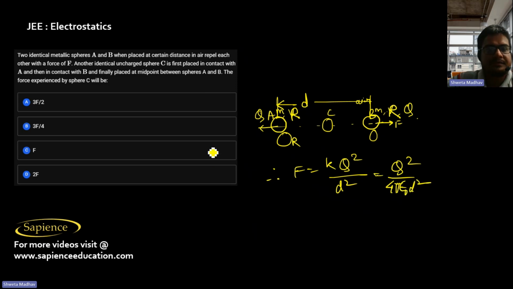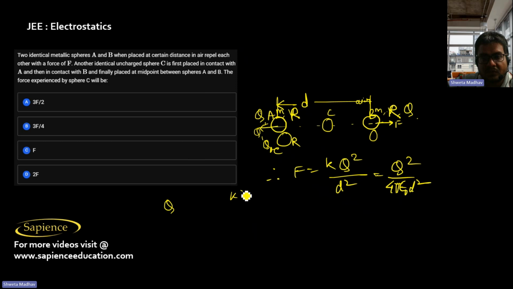And then the sphere C is uncharged. So I can say that the net charge will remain the same after they are placed in contact. So this will also have charge Q1, suppose, and this will also have charge Q1 after they are kept in contact.